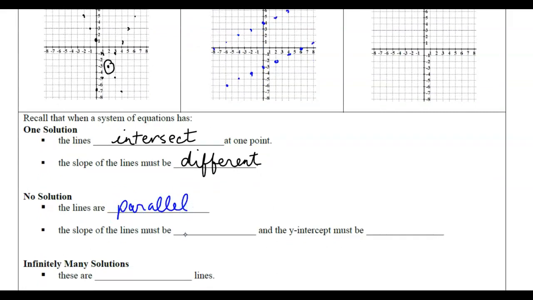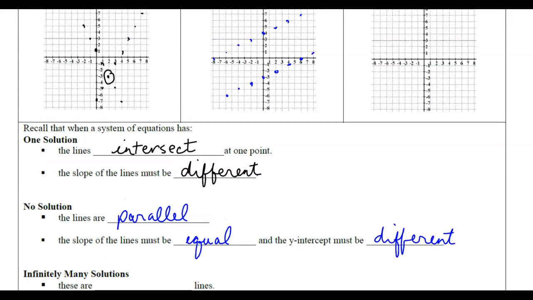The slopes of the lines must be equal, but the y-intercept must be different. And again, if it's solved for y in slope-intercept form, it's really easy to see. It's when it's shown in other forms that it makes it harder, and where you might want to solve for y so that you get it in the same form.